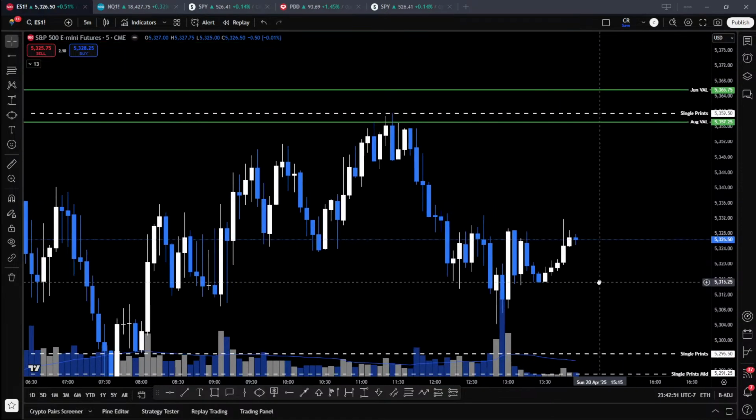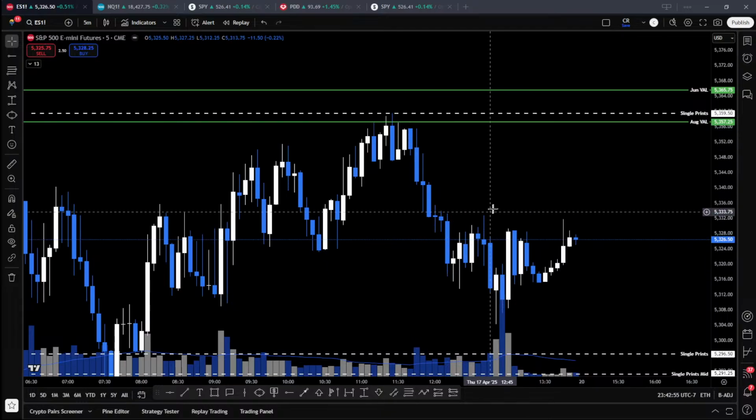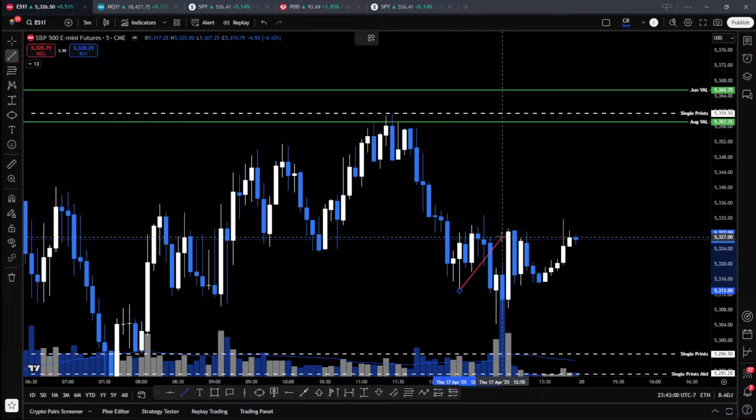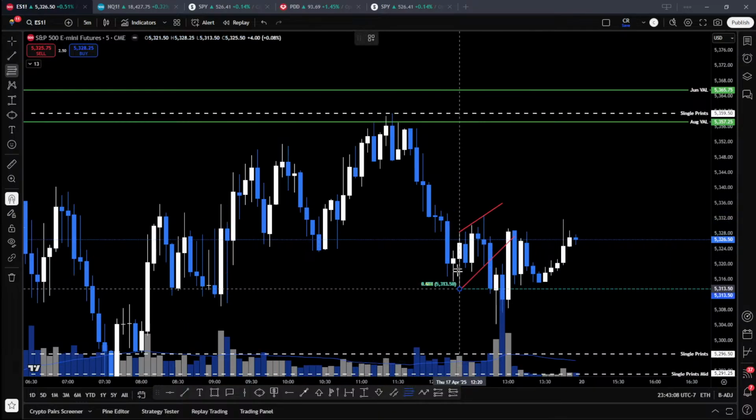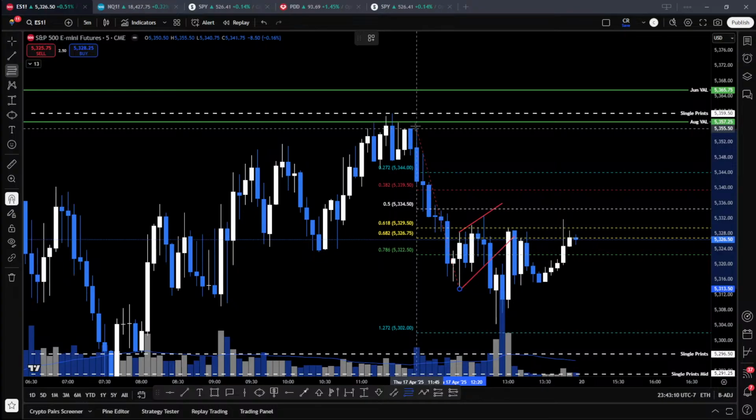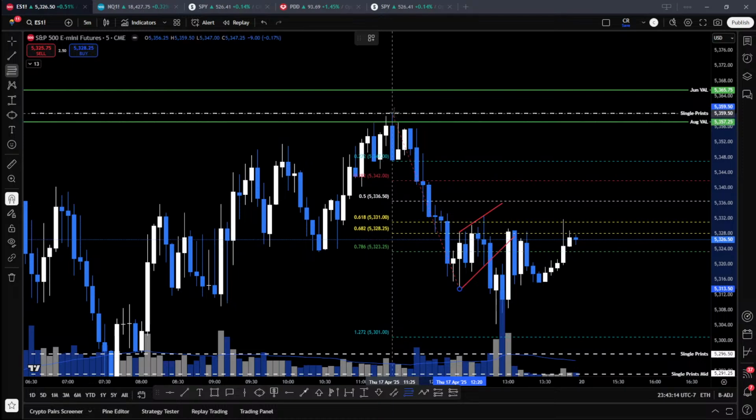And I guess, if you're paying attention, here's another bear flag here somewhere. And this is where you'd want to be getting in.